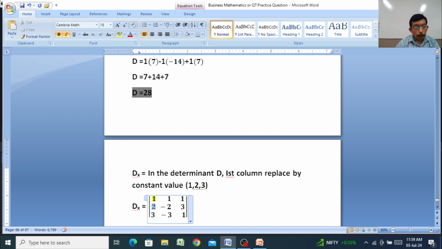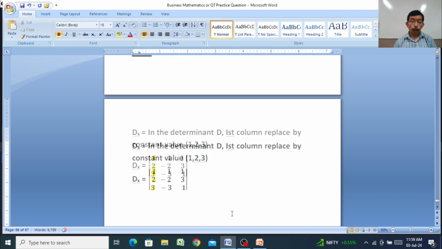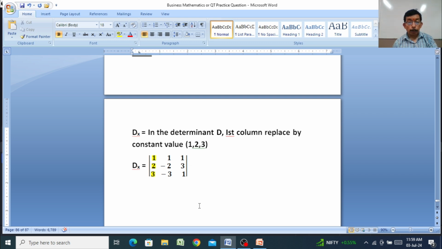This is the value of Dx. Now simplify by expanding according to the first row, then find the value of the determinant of 3 by 3 order.